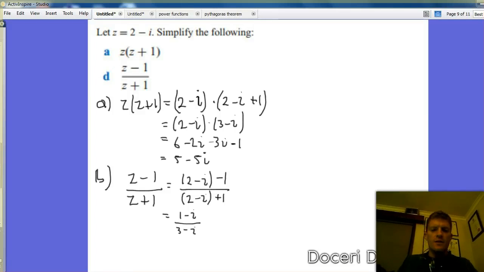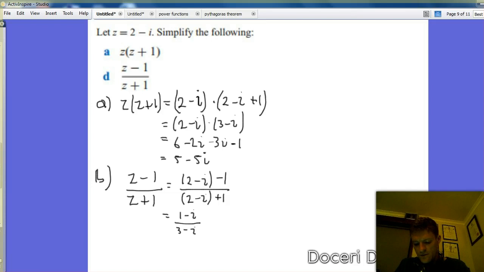Now, in performing this division, we have to look at the denominator and multiply by its complex conjugate onto itself. So let's do that. Multiply by a fraction where 3 plus i, 3 plus i, that's its complex conjugate.